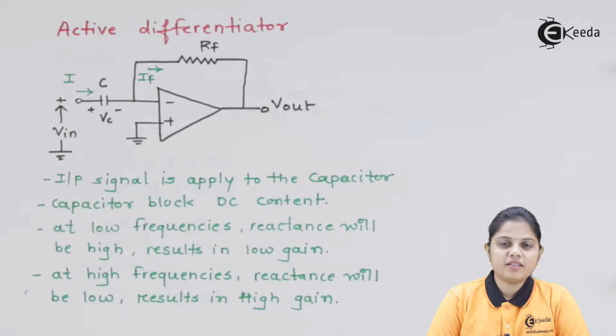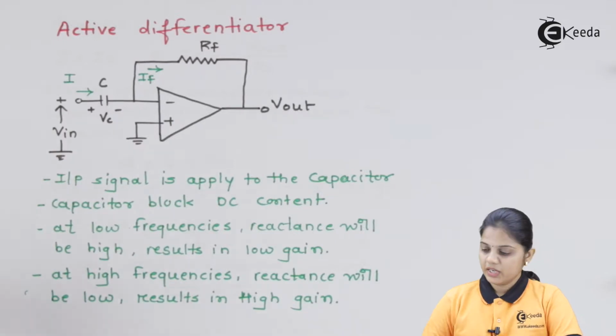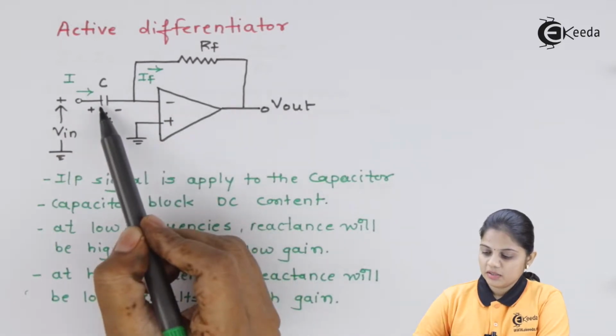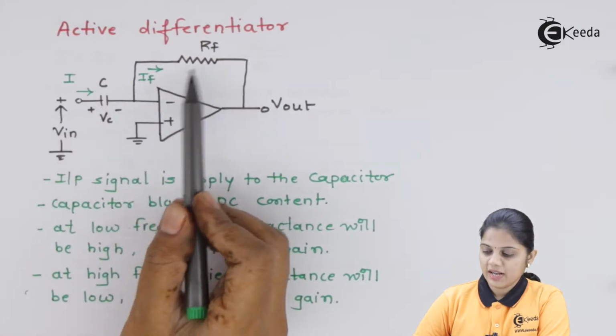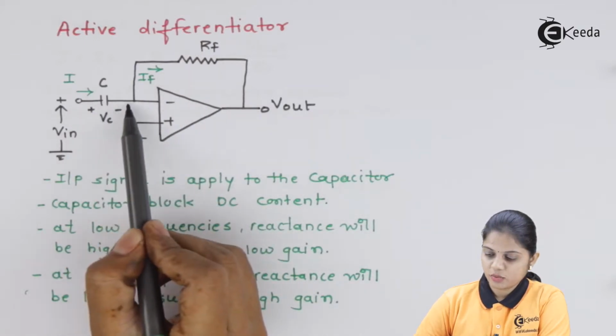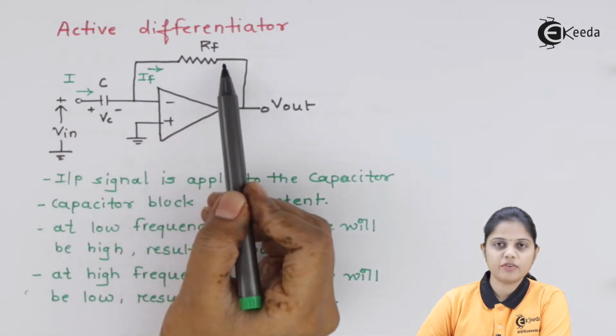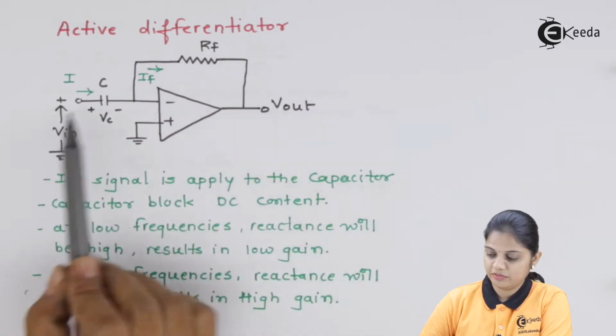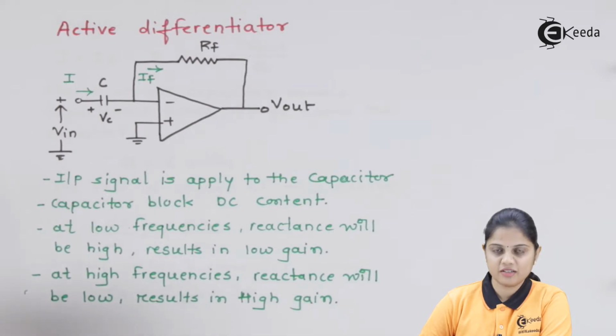Now before we understand and derive the output voltage for a differentiator, let's see its circuit diagram. As we have learned the integrator, the differentiator circuit diagram is nothing but the places of the capacitor and resistor interchanged. The resistance was connected at the input and the capacitor in the feedback path in an integrator, but in a differentiator only the places are interchanged.